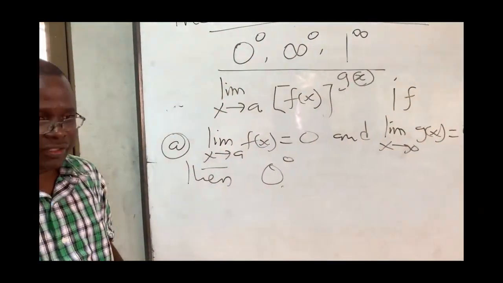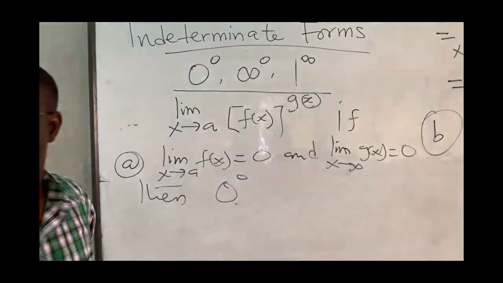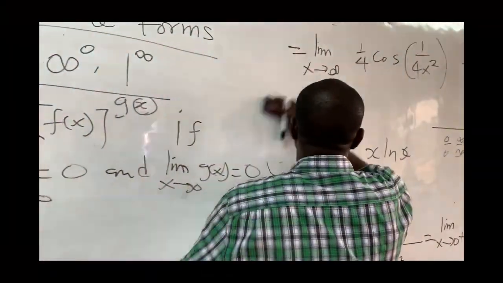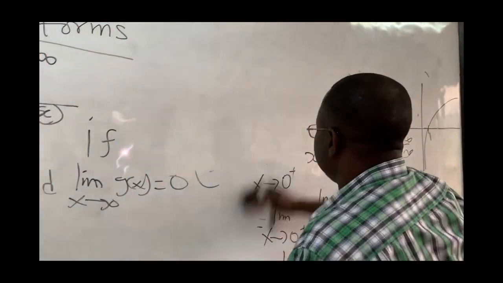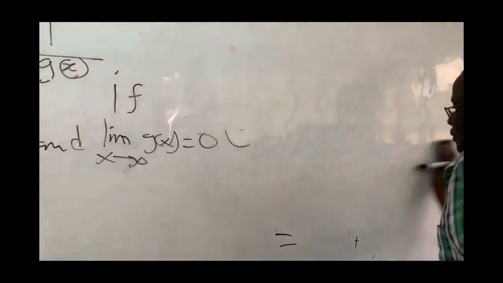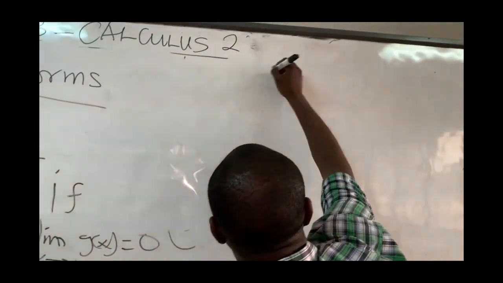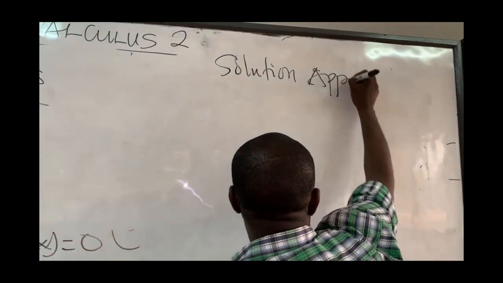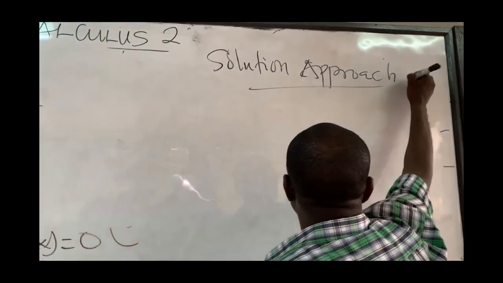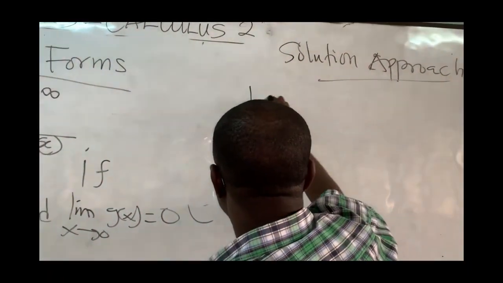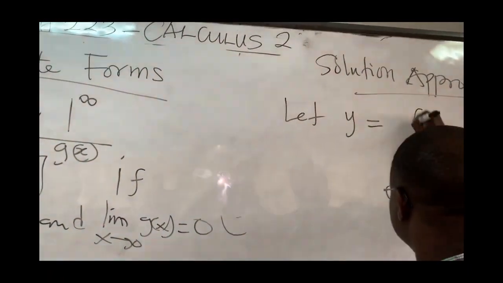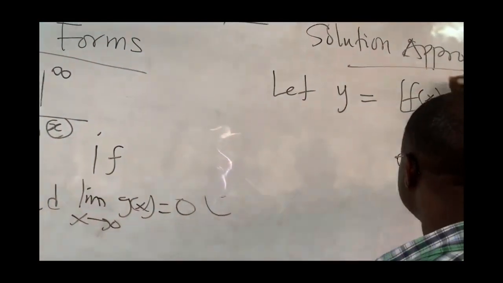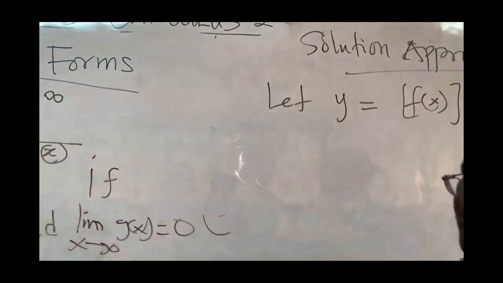Now there's a very nice trick to solving these types using logarithms. So the solution approach is this: you let y equal your function f of x raised to the power g of x.